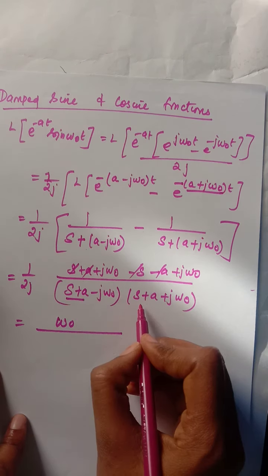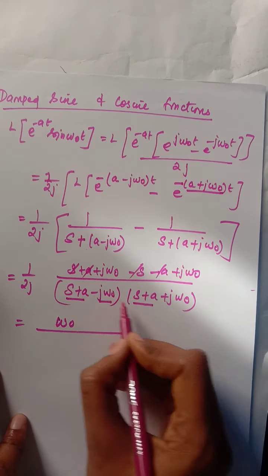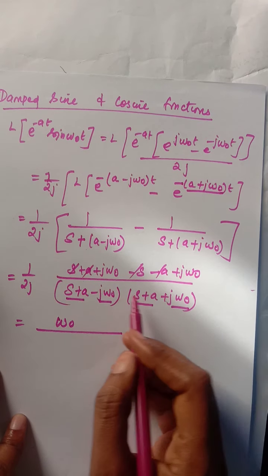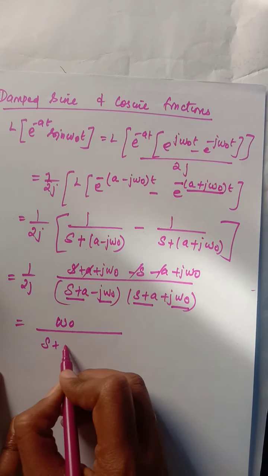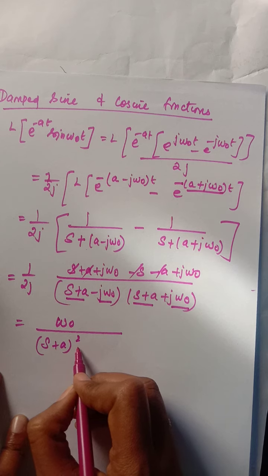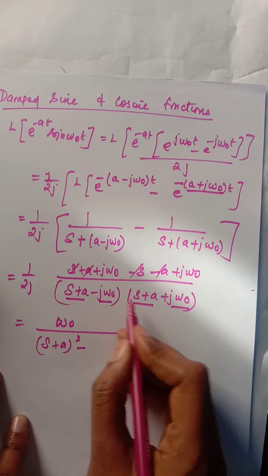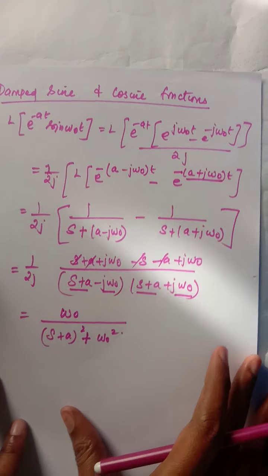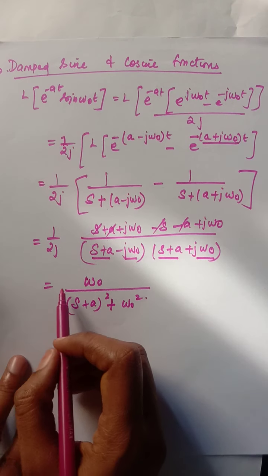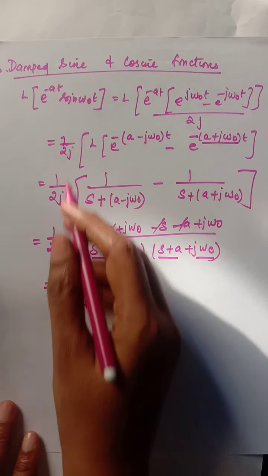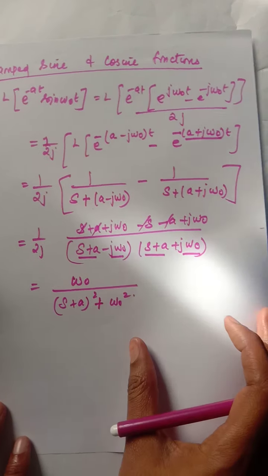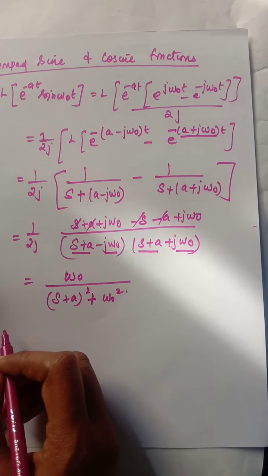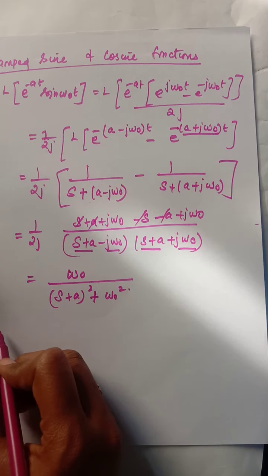This can be written as a and this can be considered as b, so a minus b, a plus b, so it is a square minus b square. J square, so it is omega naught square. So this is the Laplace transform of the damped sine function. Similarly, I am going to find it for the cosine function, so you just try it.